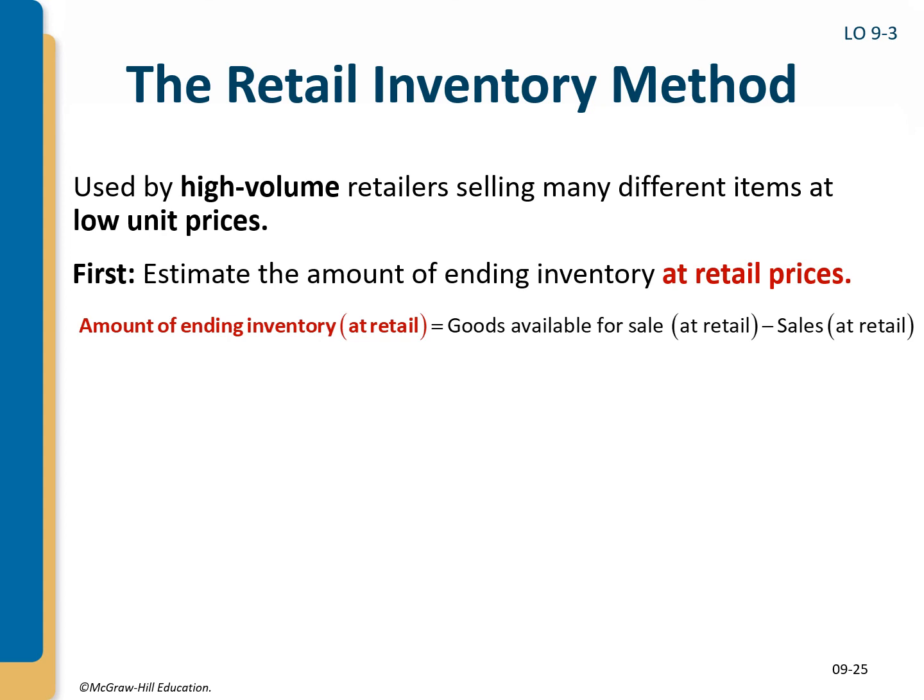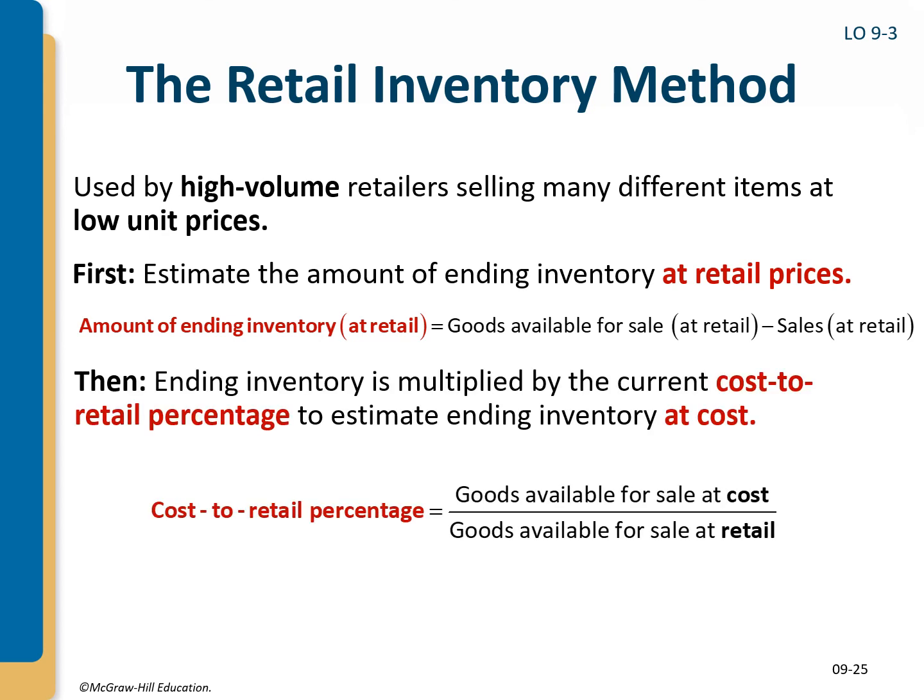Okay, so how do we do that? Well, how much could we charge for all of the stuff we could sell? What would we charge our customers? Okay, so everything we could have sold, this is how much revenue we would have made. Well, how much did we actually sell? The difference between that is what's left, but it's at retail, at its selling price. We don't value inventory at its selling price, we value it at cost.